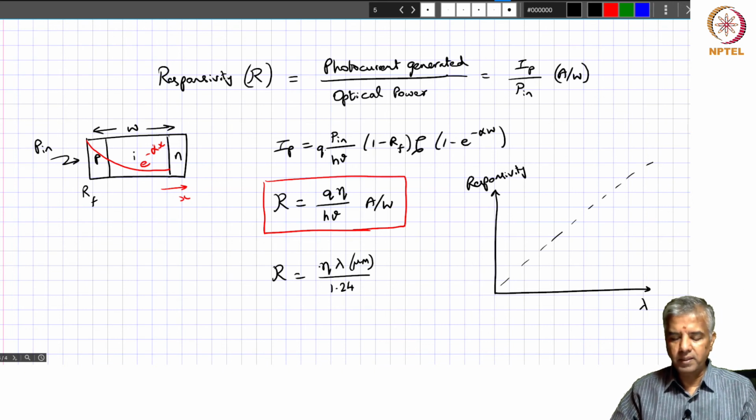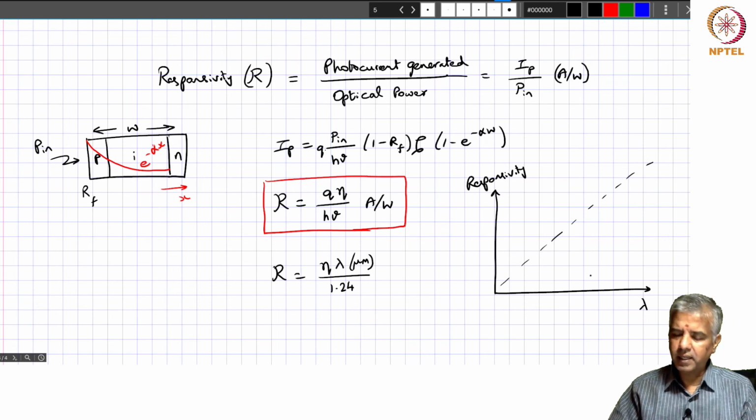Whereas eta cannot be greater than 1, because this is a fraction that's less than 1, and this is also a fraction that's less than 1. So eta, which is called the internal quantum efficiency, can only be less than 1, but R can be greater than 1.